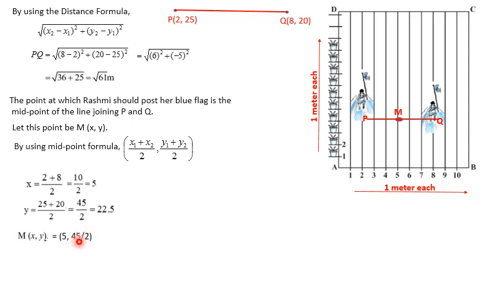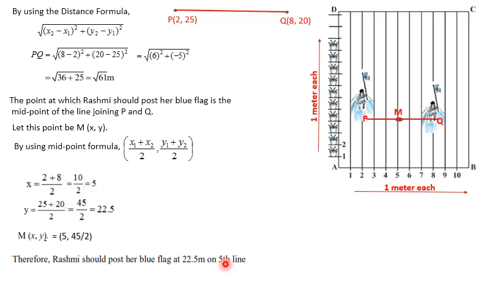Anyone you can use. This 45 by 2 is the textbook answer. That's why I'm using here (5, 45/2). Finally, we can write the answer. Rashmi should post her blue flag at 22.5 meter on the fifth line. In the sense, the midpoint M comes on the fifth line, or we can simply say x coordinate is 5.